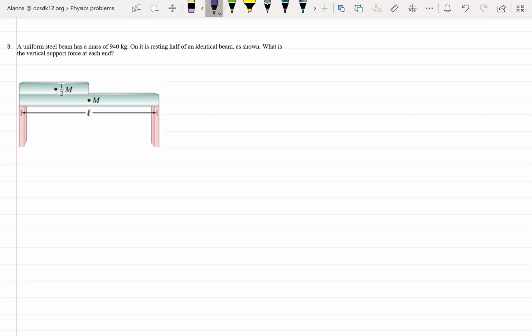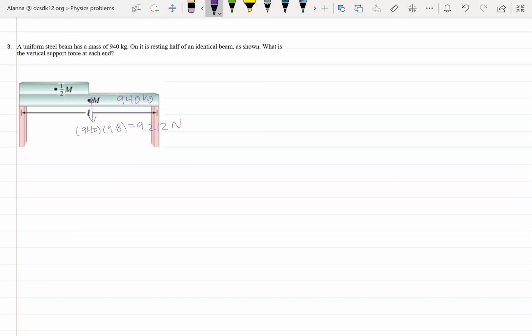So this is going to be 940 kilograms. So the weight from that first beam is going to be 940 times 9.8, which is 9,212 newtons.